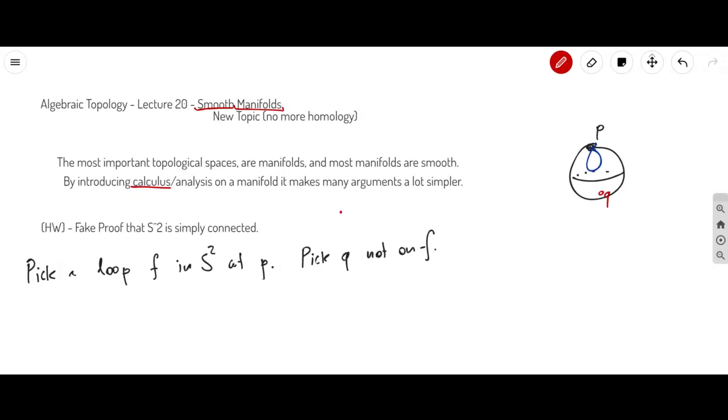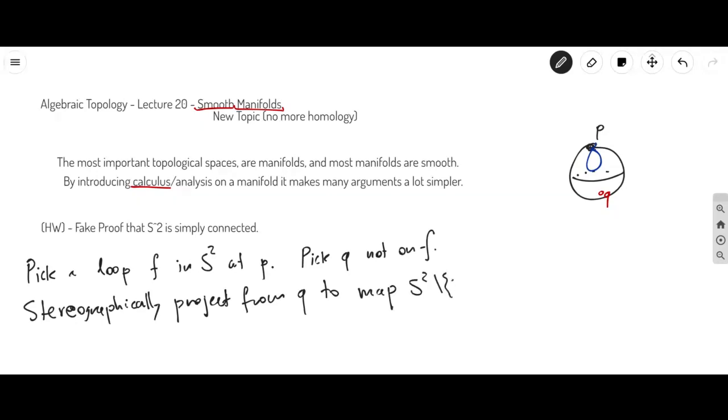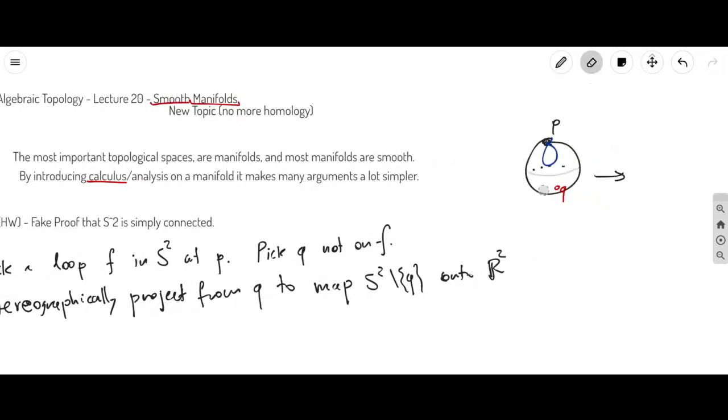So you pick a point Q, and then you stereographically project from Q to map S2 minus that point onto R2. When you stereographically project from that point, you map this punctured sphere into R2, and this is a homeomorphism. The point will get mapped somewhere, it does not really matter where, and then you'll have a loop in R2.